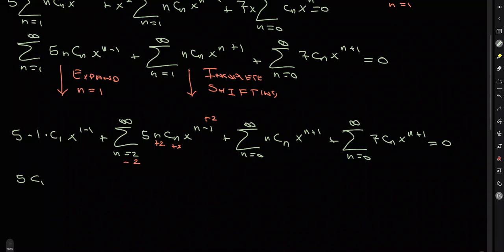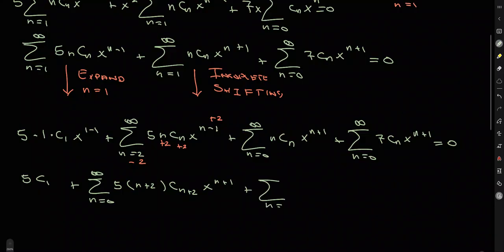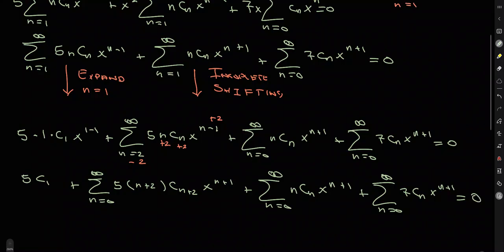So this will be plus sigma n equals 0 to infinity of 5 times n plus 2 times c sub n plus 2 x to the n plus 1, plus sigma n equals 0 to infinity of n c sub n x to the n plus 1, plus sigma n equals 0 to infinity of 7 c sub n x to the n plus 1. And let that be equal to 0.